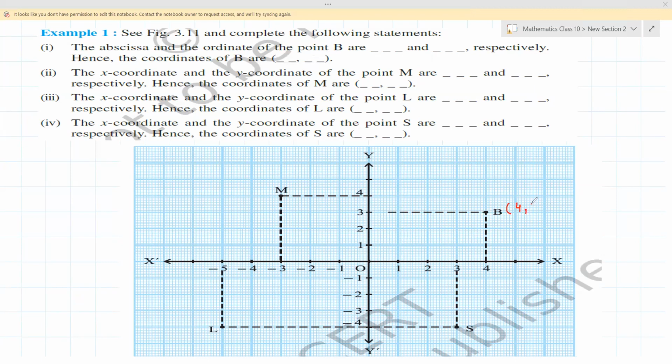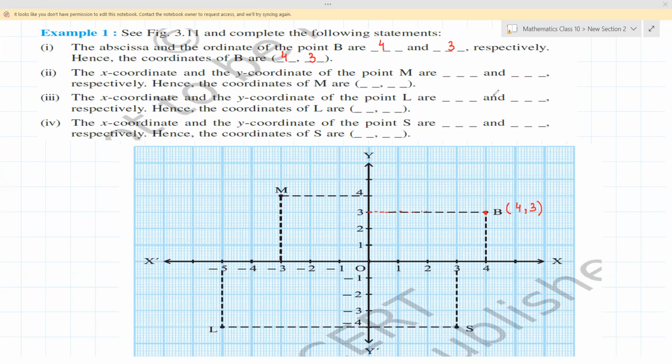See, this point B is 3 units on the y-axis, right? So the ordinate is 3. So how will you write it? The abscissa and ordinate of the point B are 4 and 3 respectively. Hence the coordinates of B are, you write abscissa first and ordinate second, so (4, 3). These are the coordinates of point B.